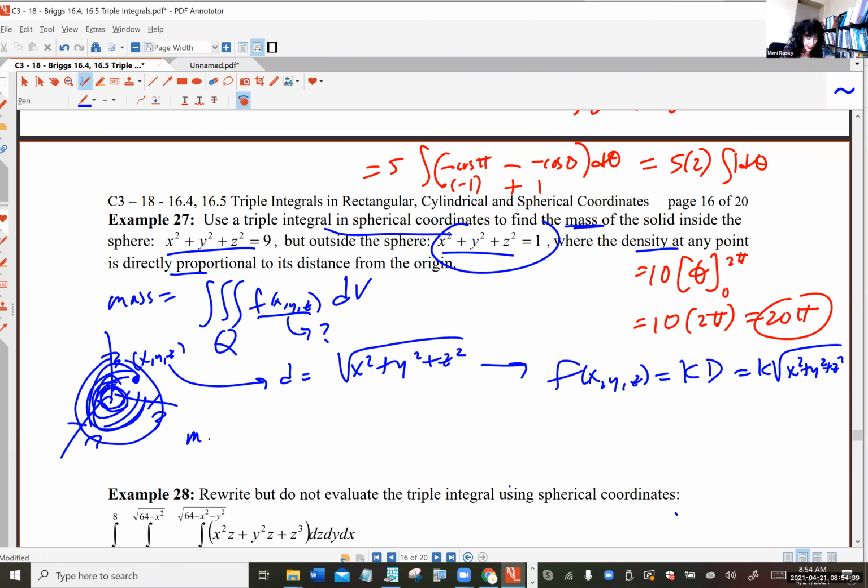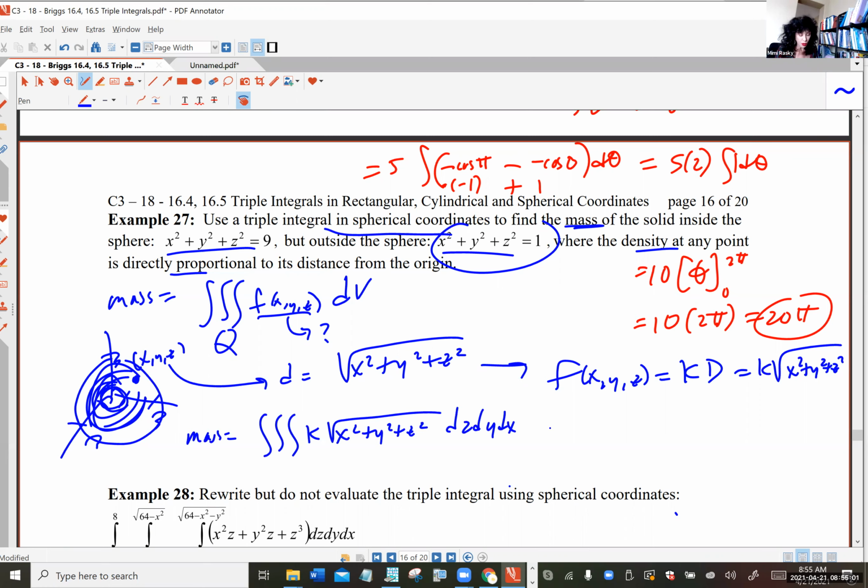Fine. So mass is going to be the triple integral, and you put your density function in there, k square root of x squared plus y squared plus z squared. And if we were doing the volume element in rectangular, then we go, okay, dz dy dx. But in spherical, dz dy dx is really gross.